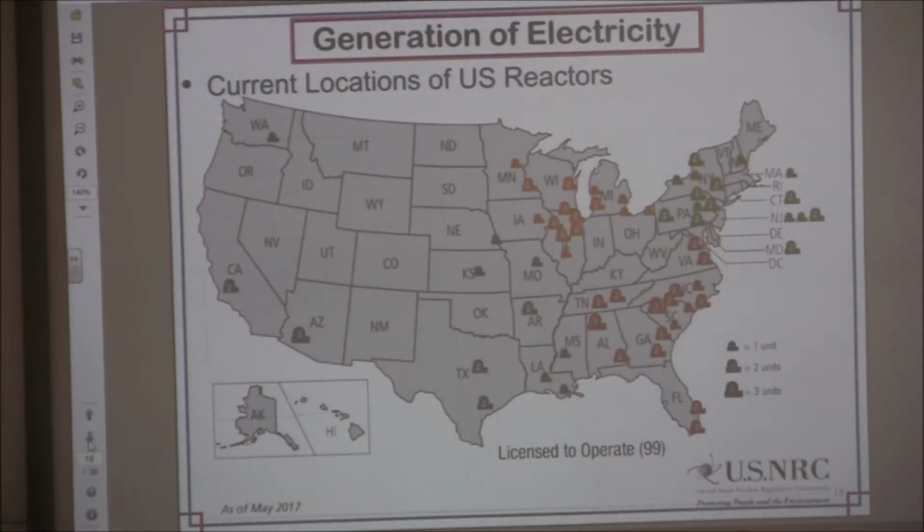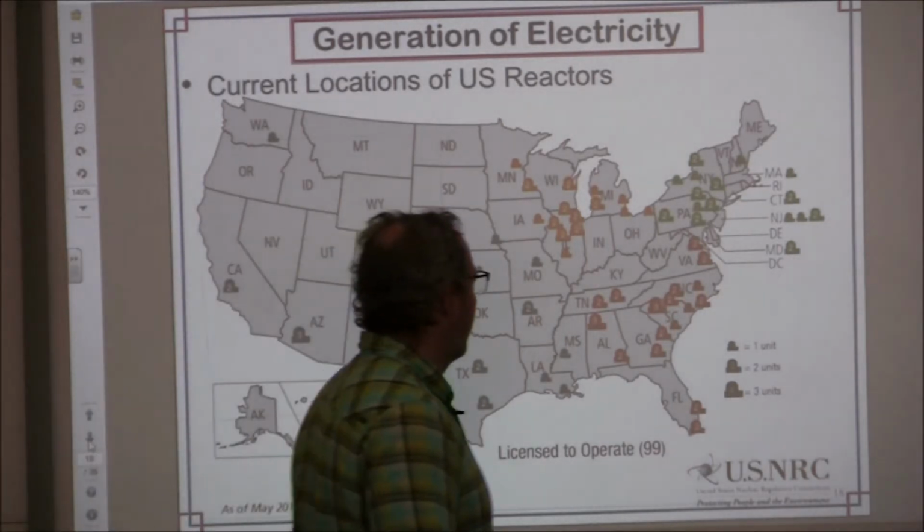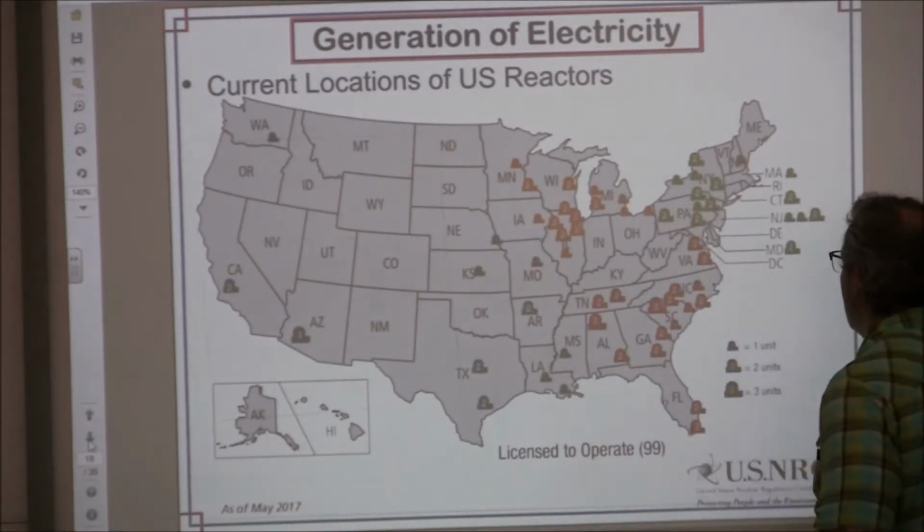Here is, as of May 2017, we have 99 reactors operating. I don't know what the decision was based on. Maybe it's the vintage, perhaps, or maybe it's the PWR, BWR. But you can see we don't have a lot in the US anymore, I mean, on the East Coast.